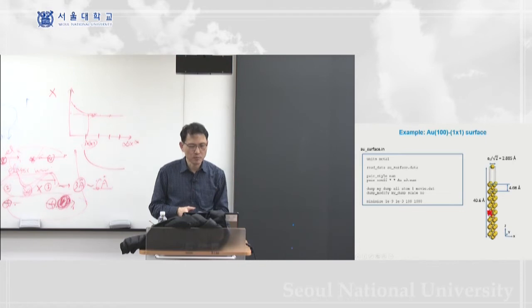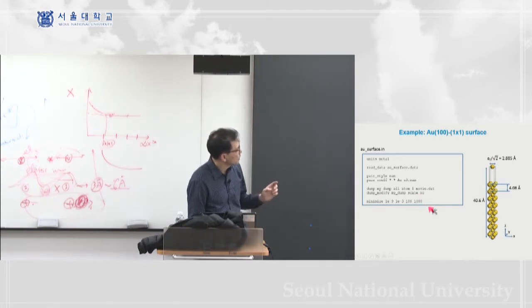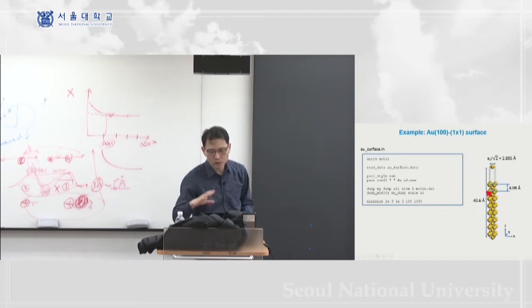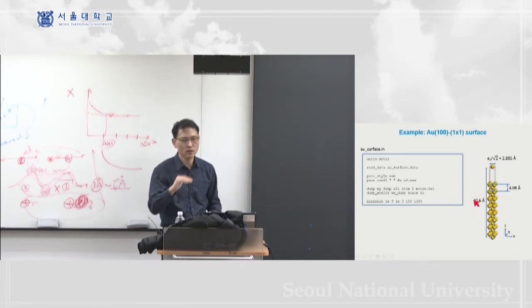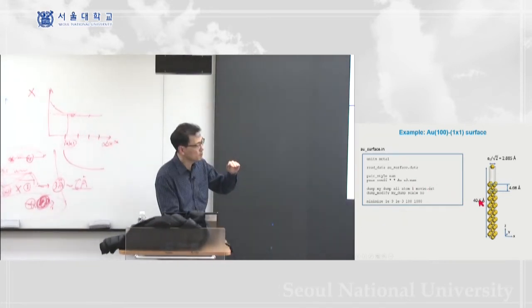And this is an example of the gold 100 1x1 surface. Here we have introduced 1, 2, 3, 4, 5, 6, 7, 8, so a total of 16 layers of gold to make the slab.